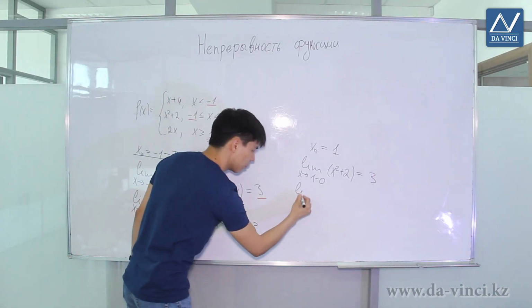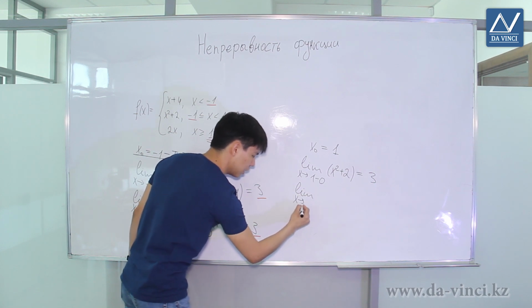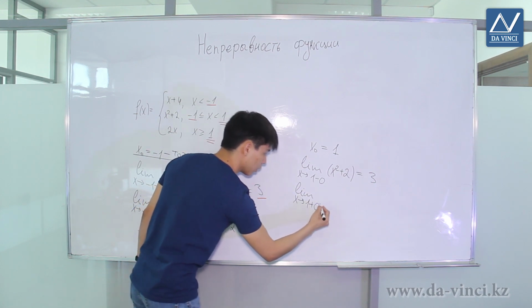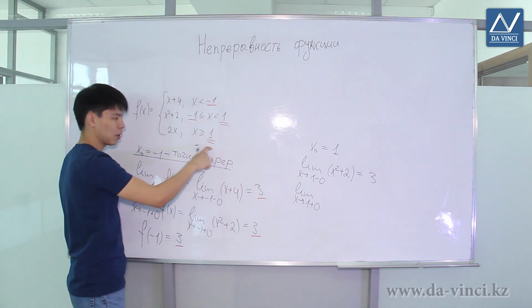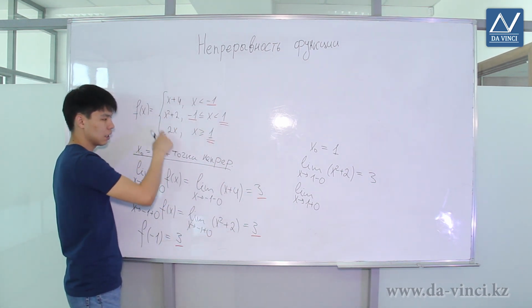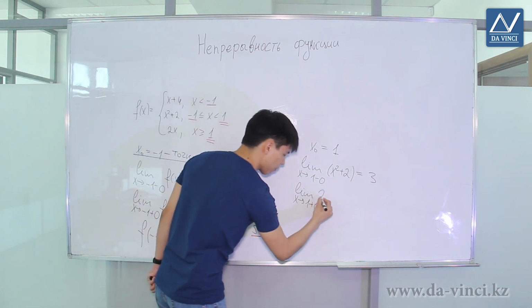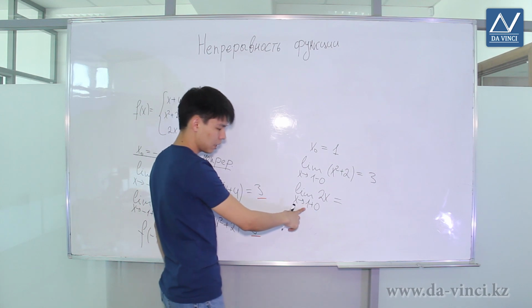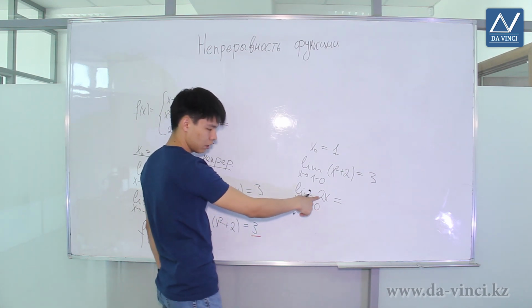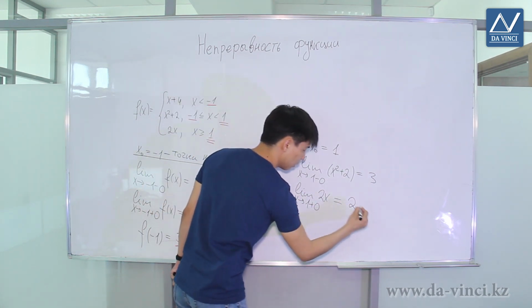Now let's count the limit from the right, x approaching 1 from plus 0. If we have 1 plus 0, then this is a little more than 1, so we fall into this interval. So we will have the function 2x. The limit is also considered very simply. Just put 1 plus 0 instead of x, multiply by 2, that's 2.